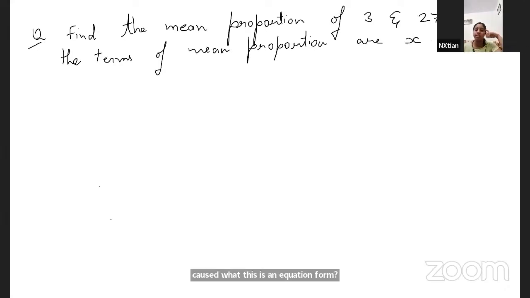Put this statement in the form of an equation. It's telling you that the mean proportion is x. We consider it x, and we have to find its value. So the equation becomes 3 is to x as x is to 27.